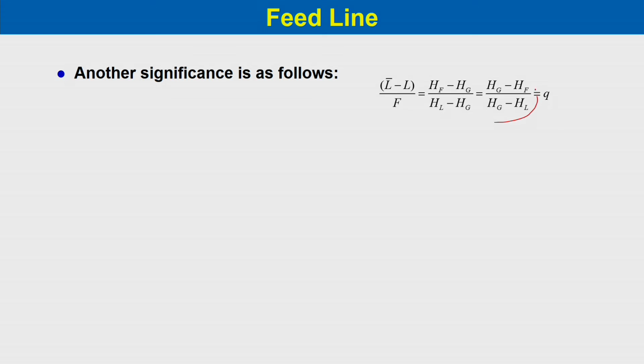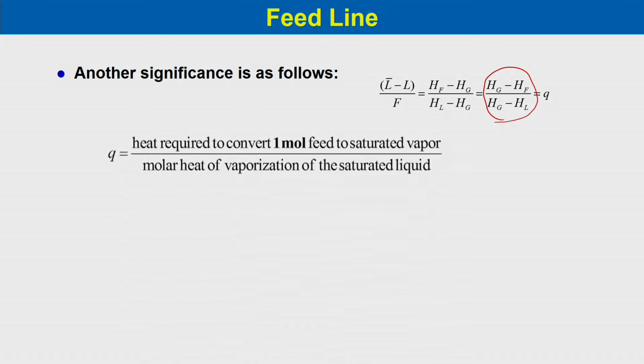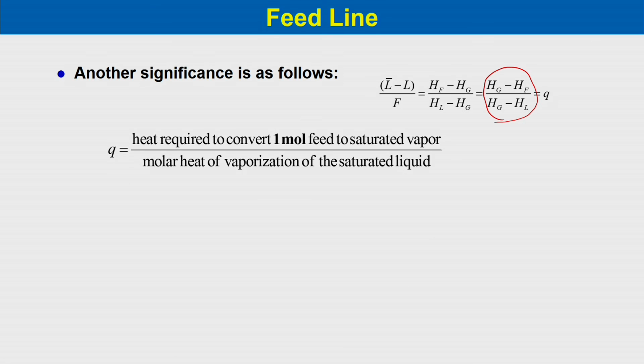And from the right hand side, Hg minus Hf by Hg minus HL, we can write it as the heat required to convert 1 mole of feed to saturated vapor divided by the molar heat of vaporization of the saturated liquid. HL is the enthalpy of the saturated liquid and Hg is the enthalpy of the vapor.